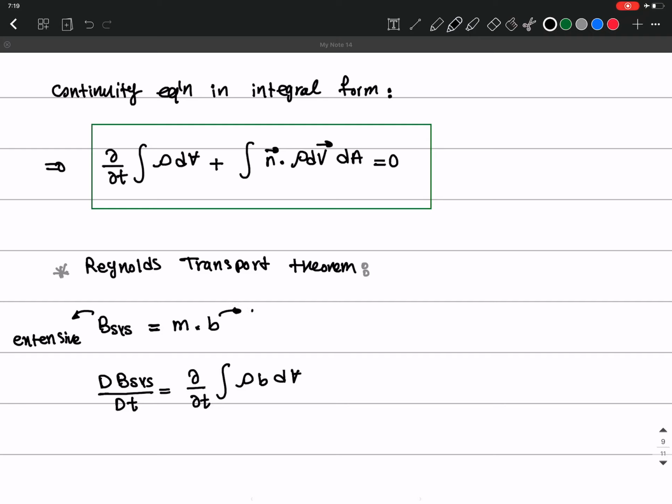Small b is called intensive parameter. Okay, so this is just a definition of how we defined B system.